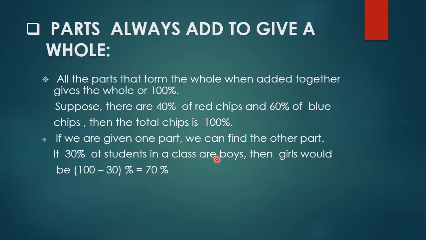So 100 minus the percentage of boys, that is 30. 100 minus 30, that is 70%. So there will be 70% girls in the class. So this way, if we know one part, we can subtract the given part from 100 to get the other part. Okay, children, now we will see the next topic.